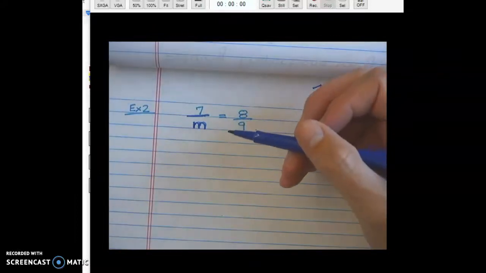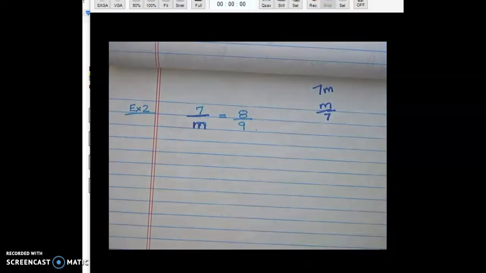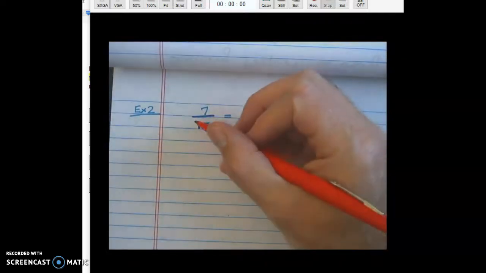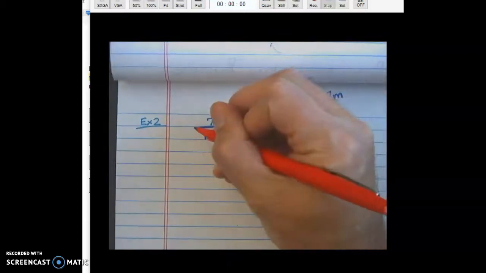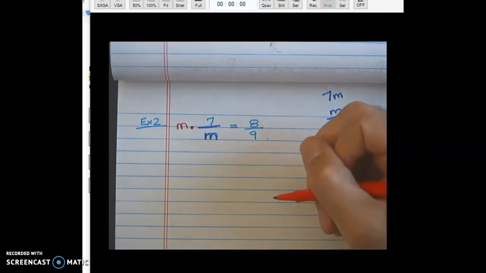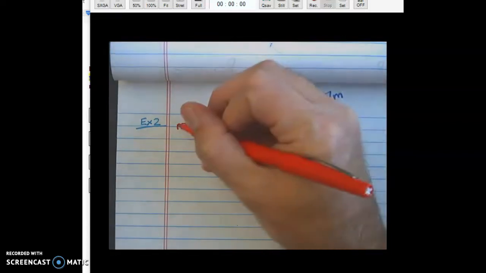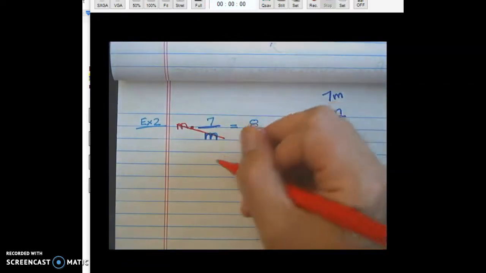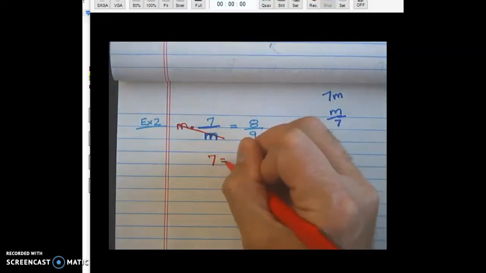What we do in problems that look like this is we say, having the m in the denominator is tough to solve, so let's get it out of the denominator. Because it's a divide by m, I can get rid of it by multiplying by m. That would get rid of not just the m on the bottom, but also the division sign, and just leave me 7 on this side.